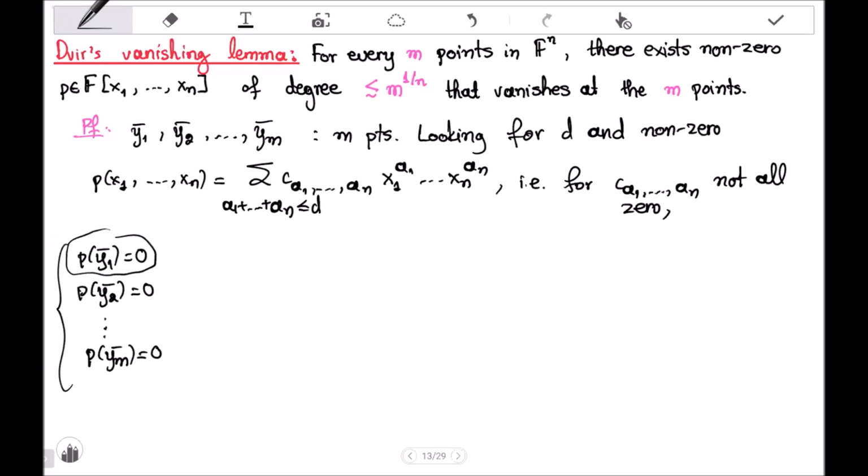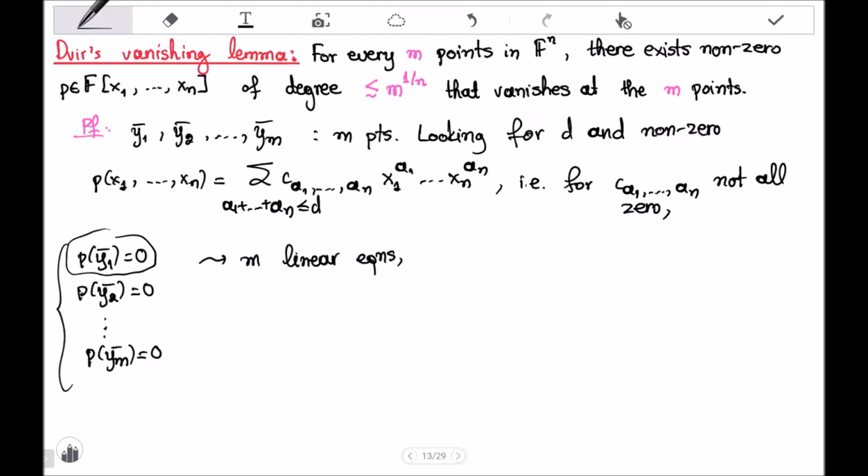This means that if you plug in here, in the place of the xi, the explicit coordinates of this first point, you're going to get 0. And this is actually just a linear equation with these unknowns, the coefficients. So our equations are m linear equations.